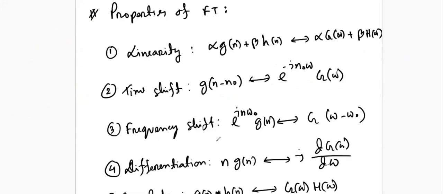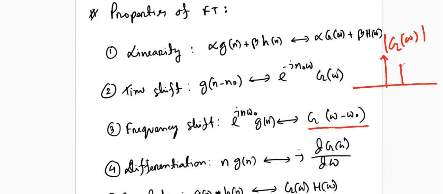Frequency shifting. You can also show that definitely if we have frequency shifting in the frequency domain, try to understand, we are in the frequency domain. So we are talking about, let's say, G(omega). If we have the frequency like this at the location of some value, okay, let's start with this.